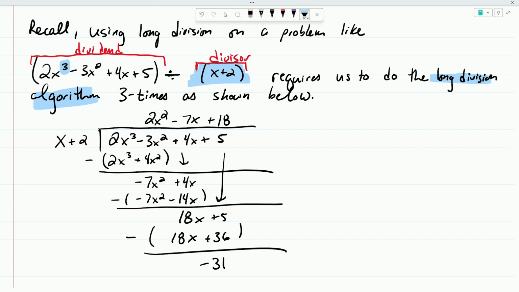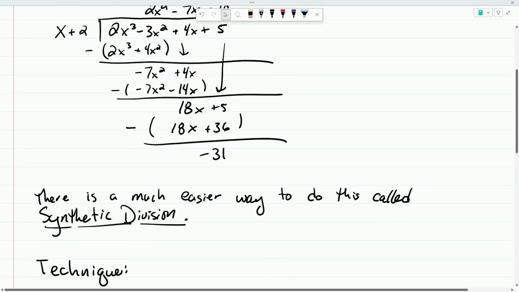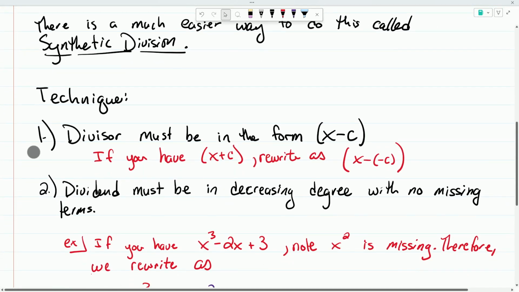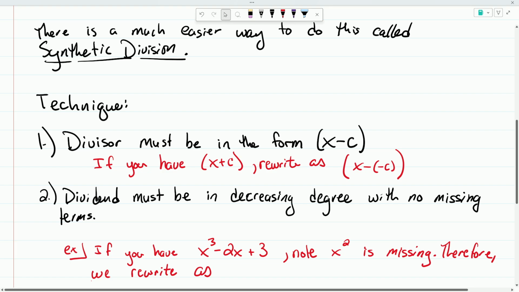So we almost have what we need for synthetic division. If I scroll back down, you will see in red it says if you have x plus c, rewrite it as x minus negative c. I'm going to do that problem on the board again using synthetic division, and you'll see me actually rewrite this.